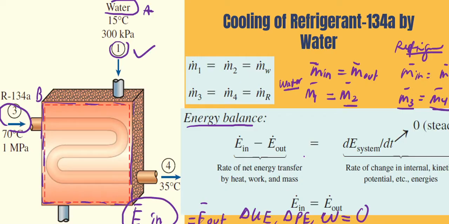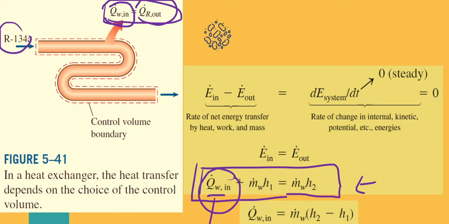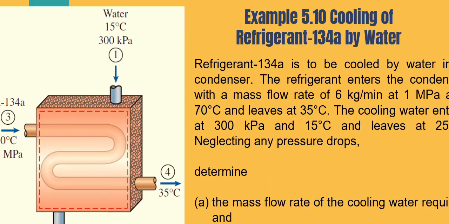But if you select the entire heat exchanger to be your system, there is no Q. That's why you only have the expression of m and h only, mass flow rate and enthalpy only, no Q. So the expression depends on how you select your system, either the whole heat exchanger as your system, or just either fluid A or fluid B.